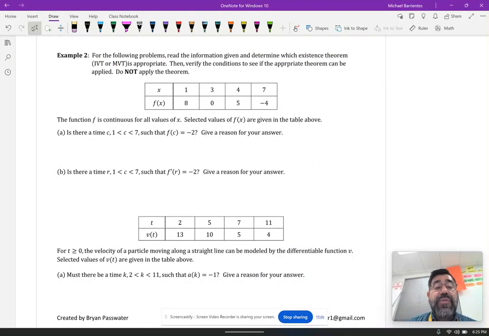We're asked to read the information and determine which existence theorem is appropriate. Am I going to use the intermediate value theorem, or the mean value theorem? And then verify the conditions to see if that theorem can be applied. We don't need to finish and apply the theorem. We just need to see which one we are going to use, and whether we have the conditions in order to do so.